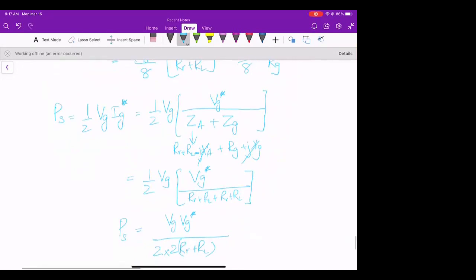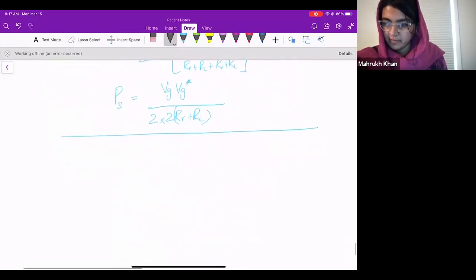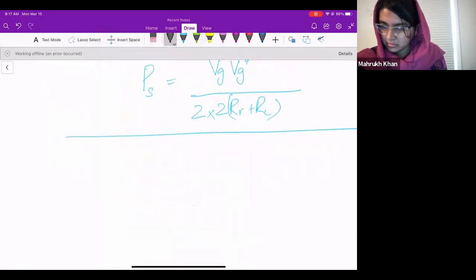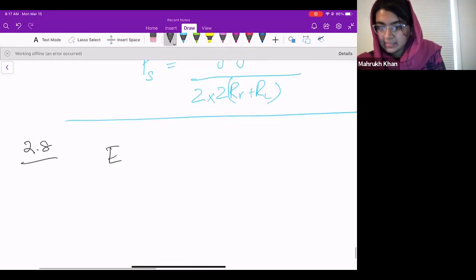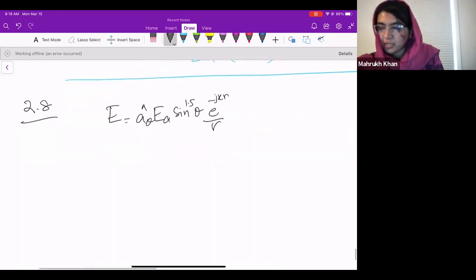Okay, so in problem 2.8, the only thing I want to clarify is that Ria asked that E is E theta, EA sine 1.5 theta e to the minus jkr by r. So she asked how you are converting it to U, right?